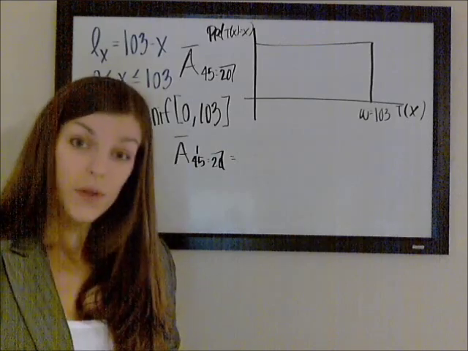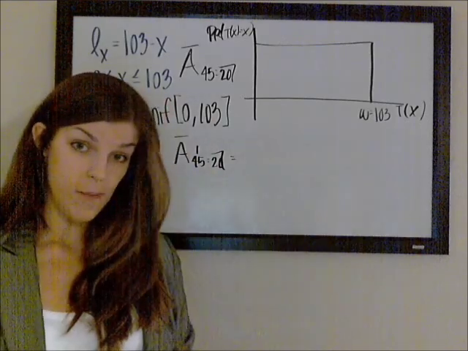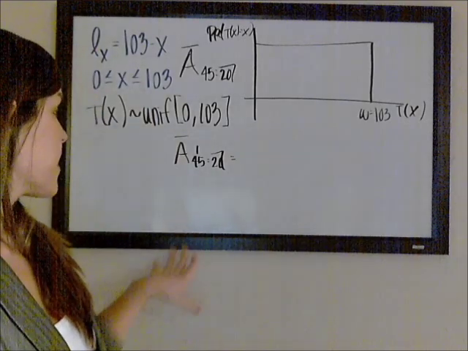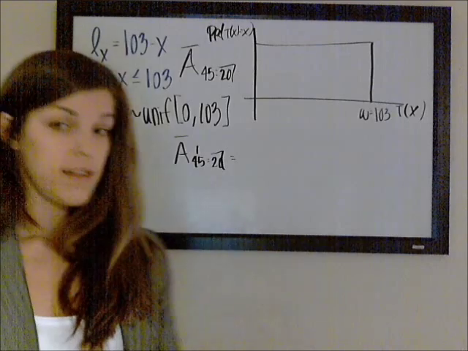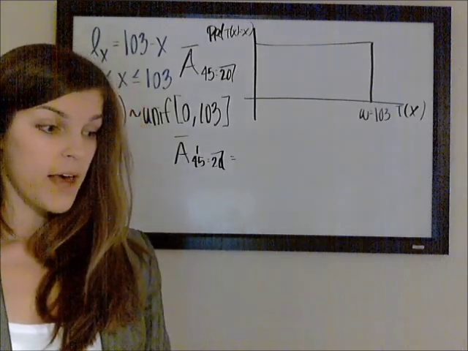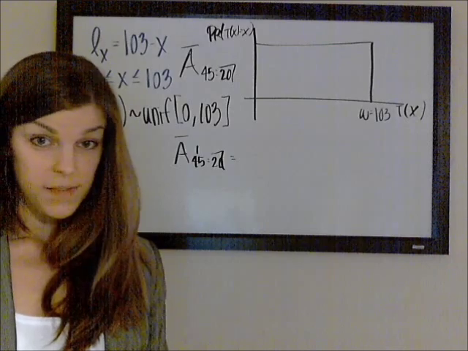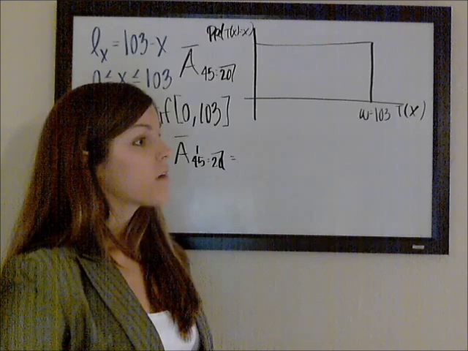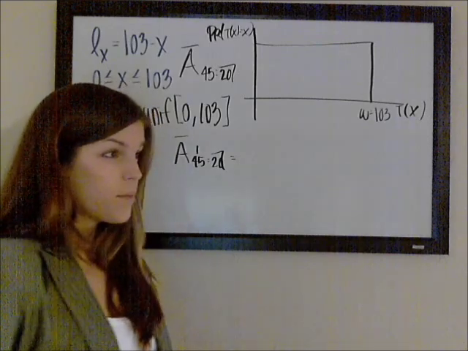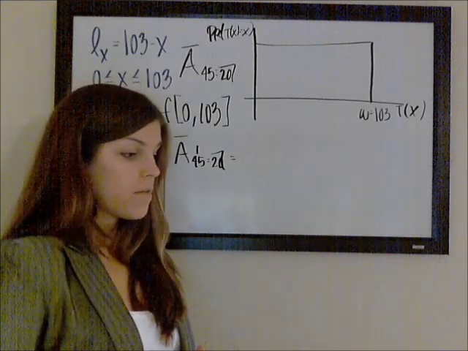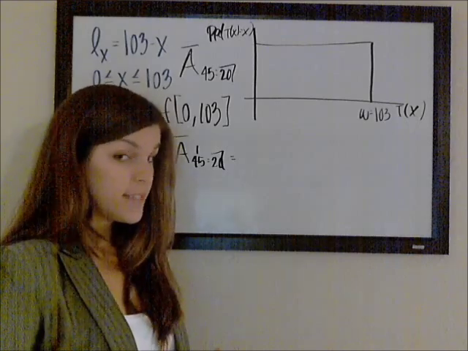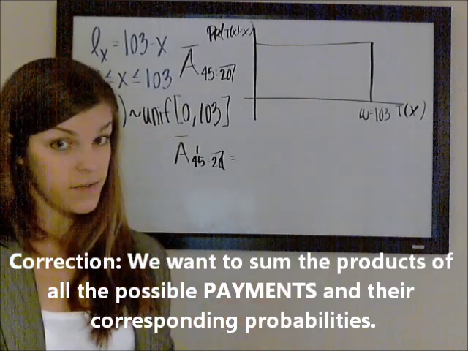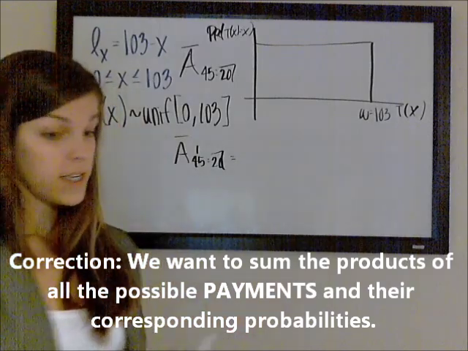If they die at time 2, they get a payment of 1 discounted back 2 years, etc. So we want to take the actuarial present value of that, which is just like the expected value, taking into account probabilities of survival. So we're going to be looking at the sum of the products of all the possible death times, all the possible times you get paid between now and 20 years from now, and their corresponding probabilities.